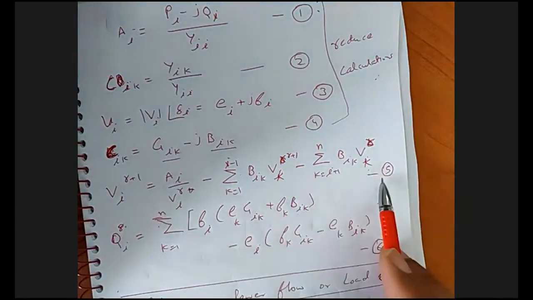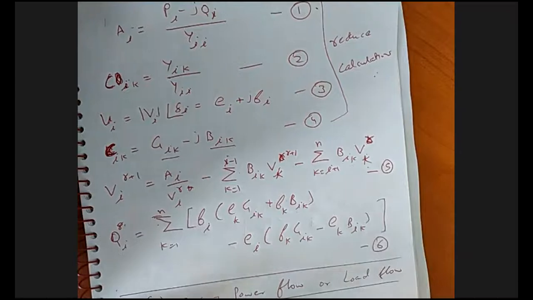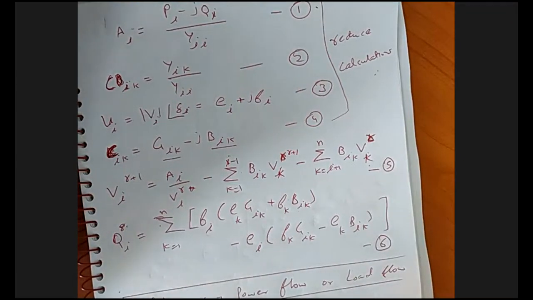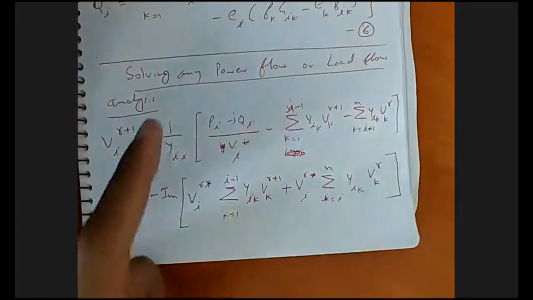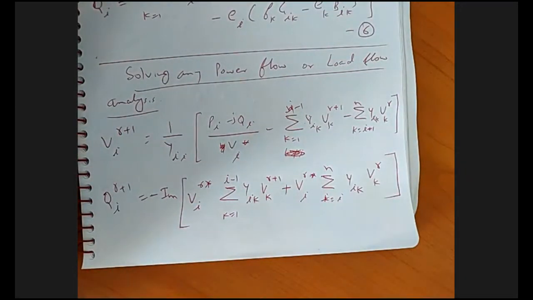All other terms will remain fixed. So it will not require much memory when you are using computers or calculators. So this will reduce the task by a significant amount. But if you don't want to use them, you can directly use this formula. They are not wrong. They are right. They are correct.